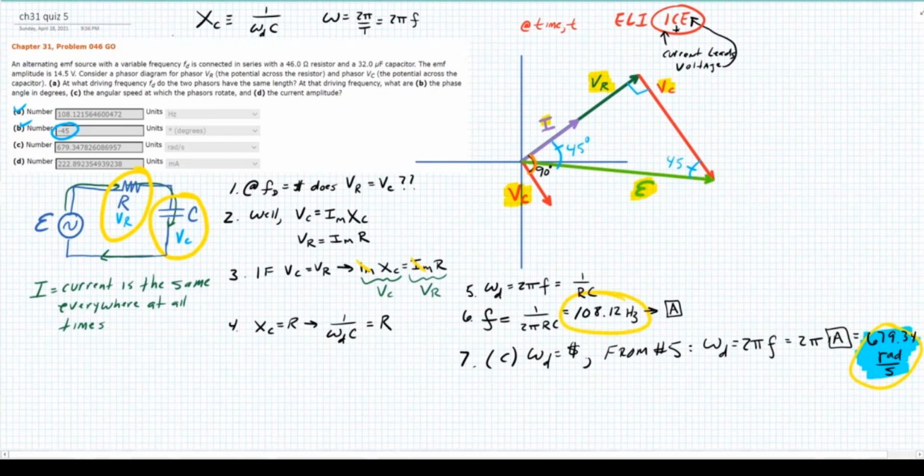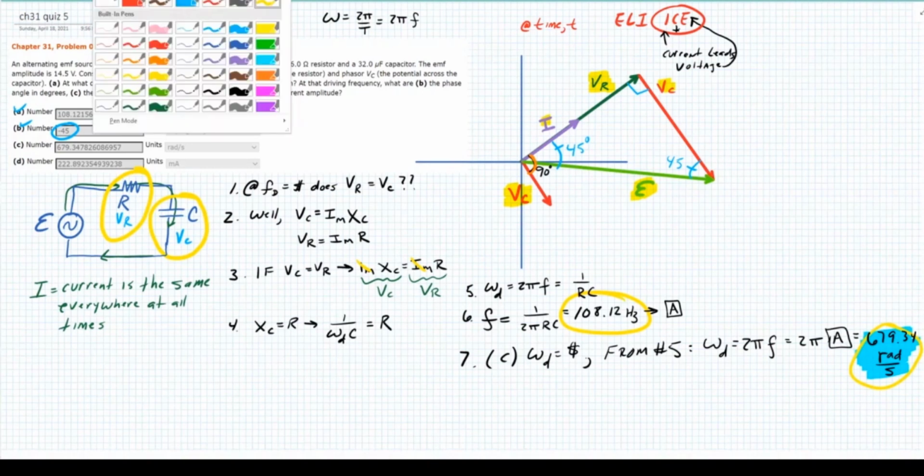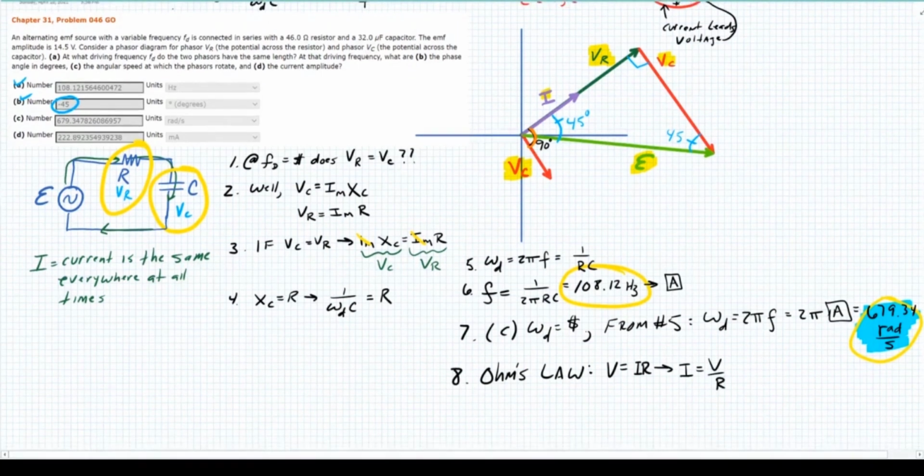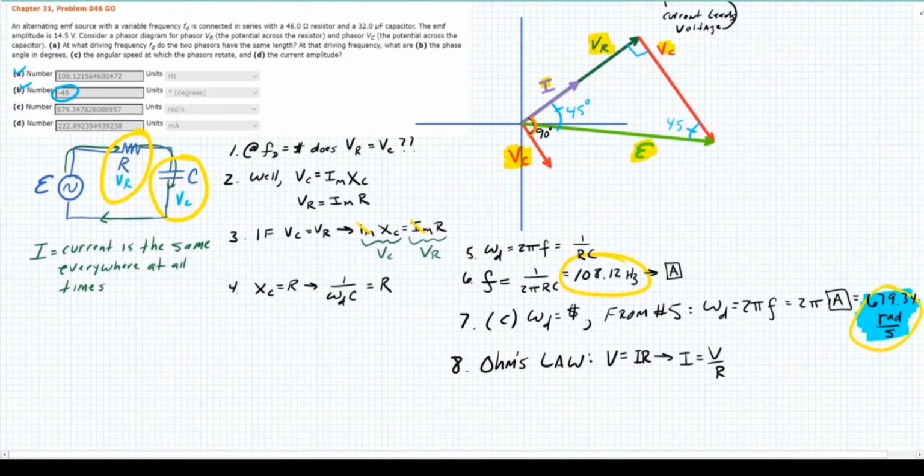D says, what's the current amplitude? Okay, so let's finish this number 8. Well, Ohm's law. The answer is Ohm's law, which says V equals IR, but I'm going to isolate R. I equals V over R, and I'm going to personalize this for an AC circuit.